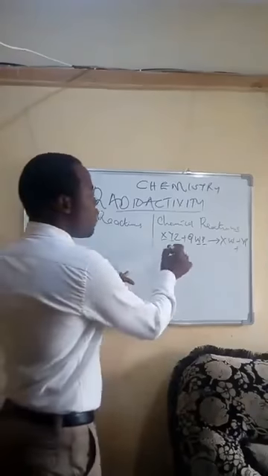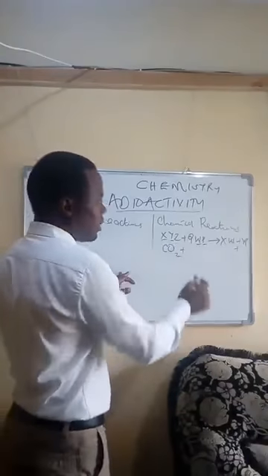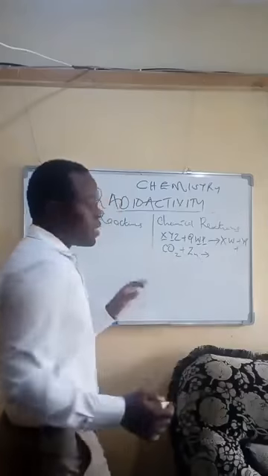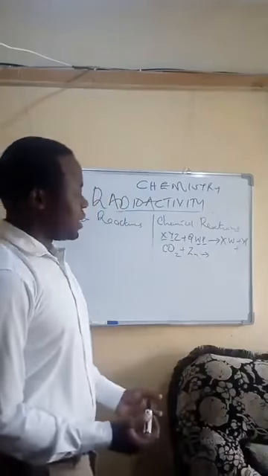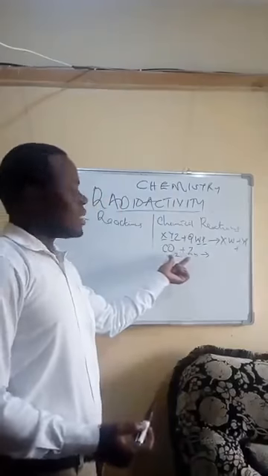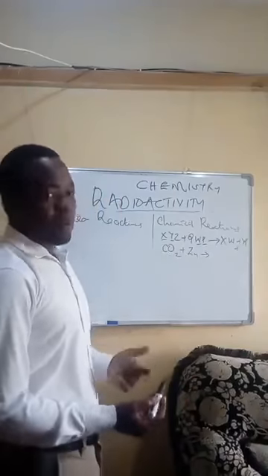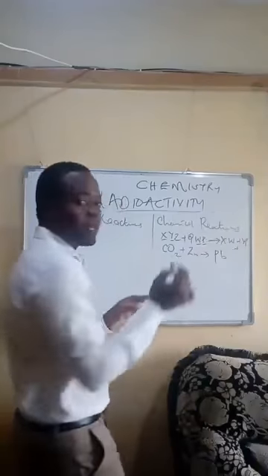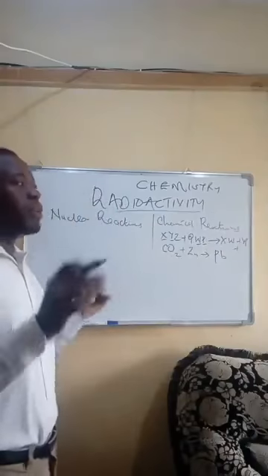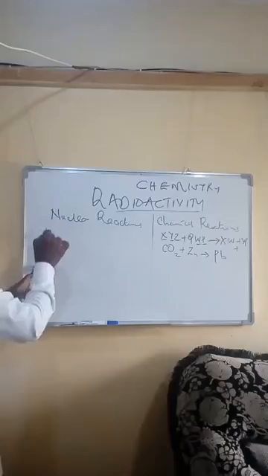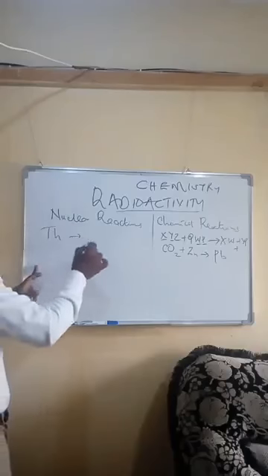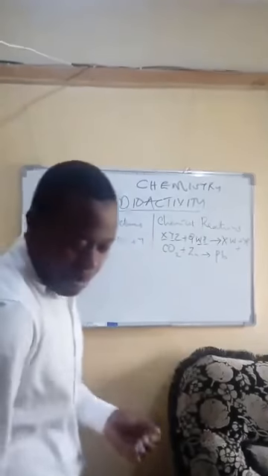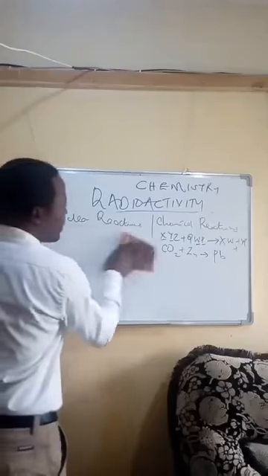If this is carbon(IV) oxide reacting with something like maybe zinc, there will just be a redox reaction. The zinc could take the oxygen from this carbon(IV) oxide so that you form carbon, but you will not form Pb here. In the case of nuclear reactions, you can, and we have seen that this compound is forming another compound, etc. That is the first difference.